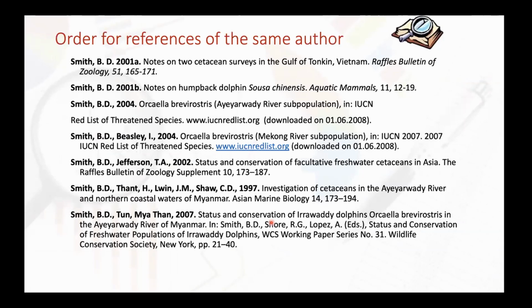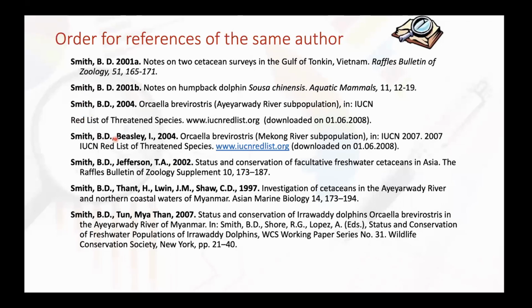Okay, and when you finally arrange the things, this is the way you have to arrange. Put the things in alphabetical order. If the same author has papers in the same year, then you put A and B. If the same author has several papers, including two-author papers and three-author papers, how will you arrange them? Very simple. Don't worry about anything. First, list the single-author papers based on chronology. Then forget about the third, fourth, fifth authors.